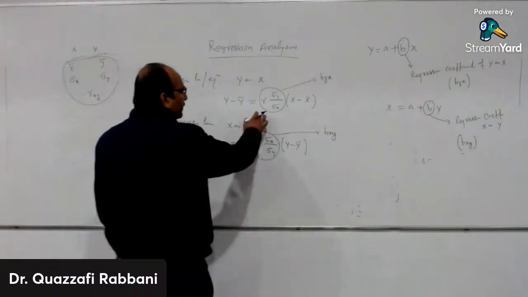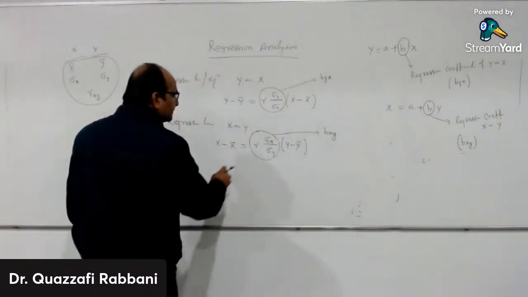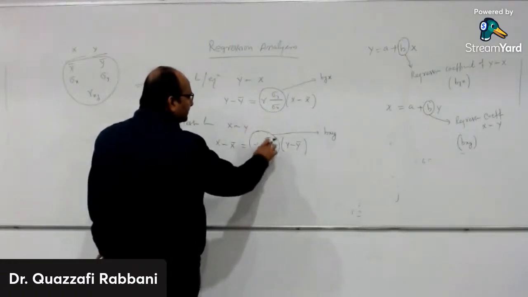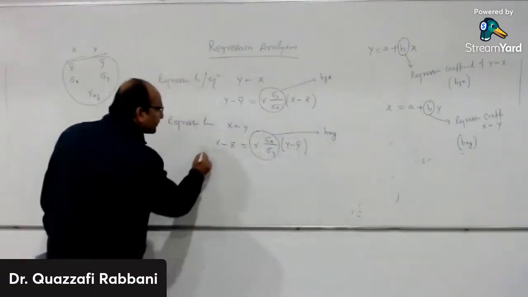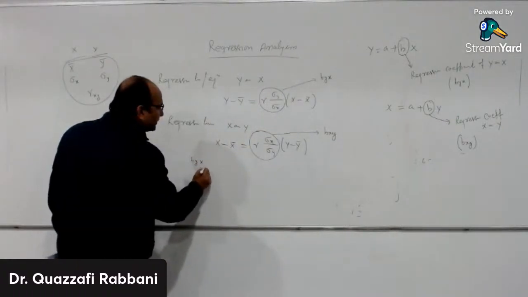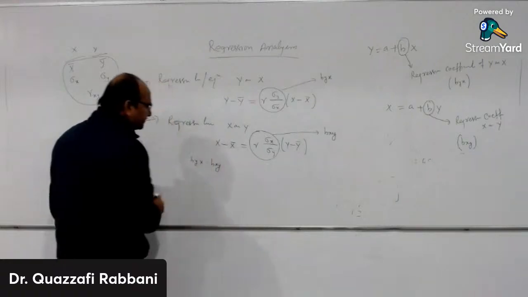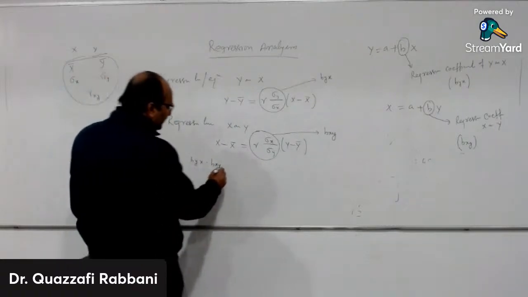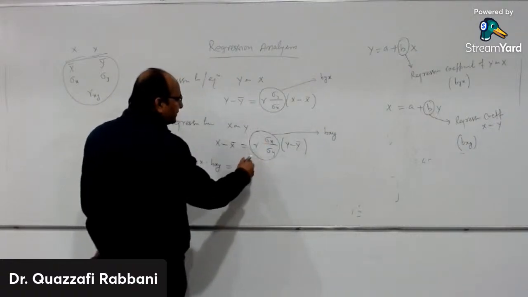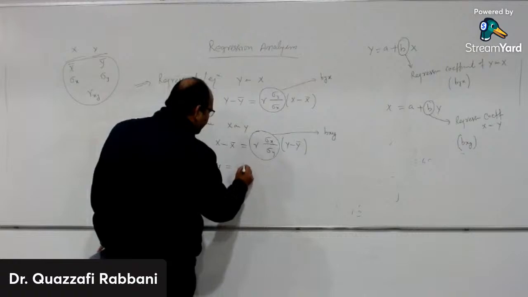Now take these two quantities from these two equations: the first quantity is byx, multiplied by bxy. When we multiply this by this, the remaining will be r square.